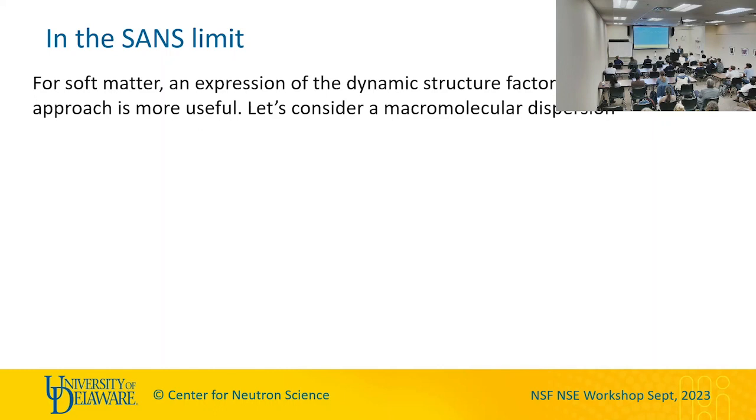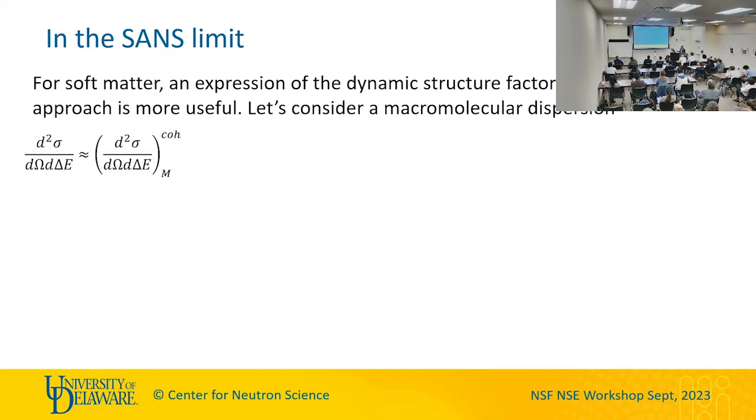I just try to show you how we move from that length scale to a formalism that is easier to deal with if you work in the sense limit. Because if you are doing soft matter, most likely you will work in the sense limit, and the 3 experiments you're going to do in the breakout group work in the sense limit.